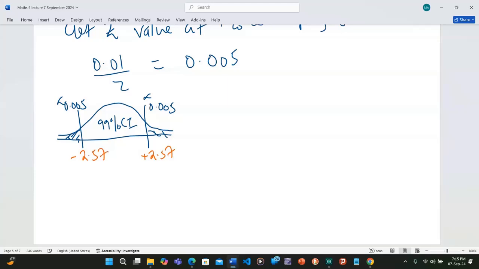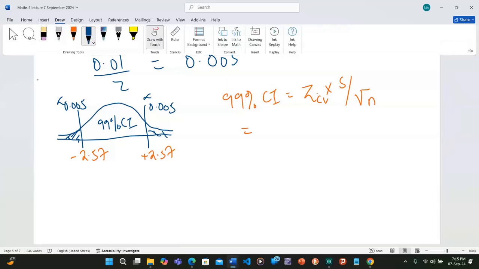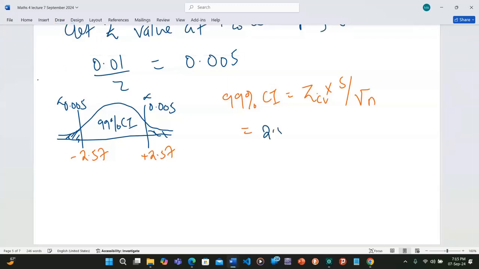So the 99% confidence interval will be the critical Z value multiplied by S divided by the square root of n. So this is equal to, our Z value is already given as 2.57. We multiply by 35 divided by the square root of 50.